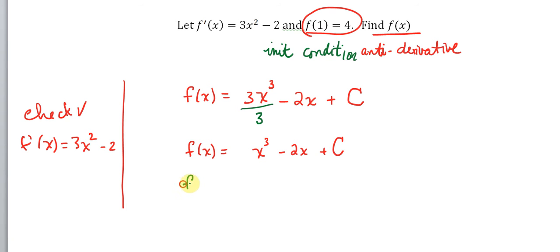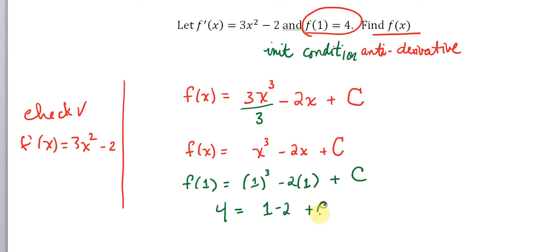So we know here that f of 1 must be equal to 4, right? But f of 1 means substituting in 1 for x. So 1 cubed minus 2 times 1 plus some constant, and all of that must be equal to 4. So this becomes 1 minus 2 plus the constant is equal to 4.